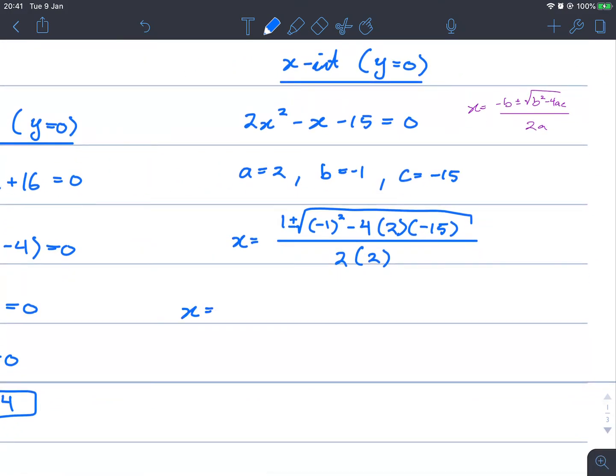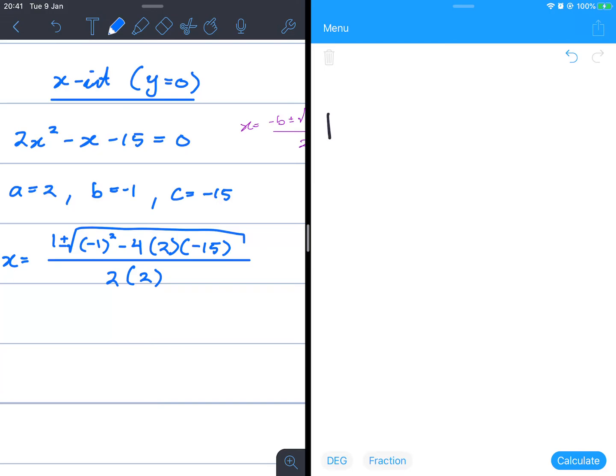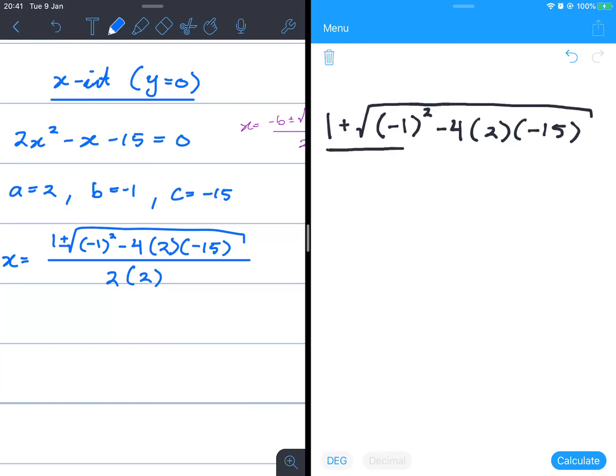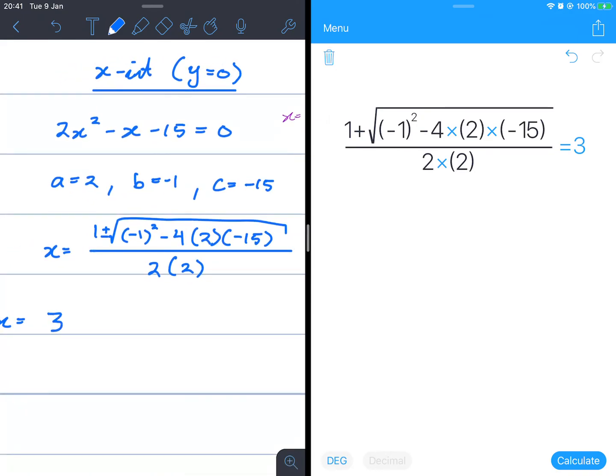Let's now solve this. Let's take the positive solution first. Okay, let's write this madness in. We get 1 plus the square root of negative 1 squared minus 4 times 2 times negative 15, all over 2 times 2. So x is equaling 3 as one of my solutions.